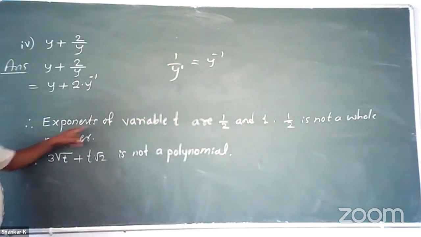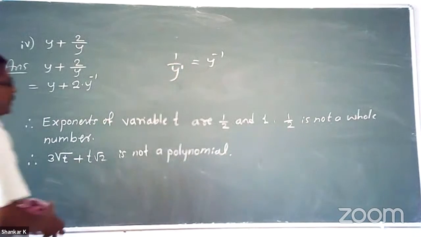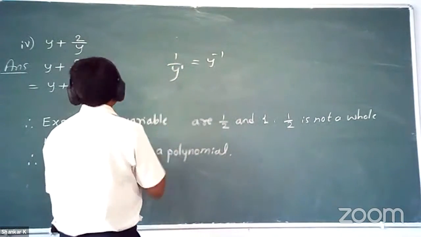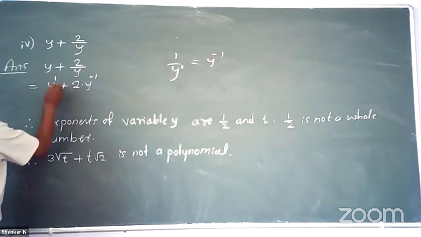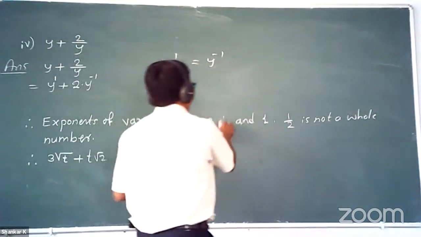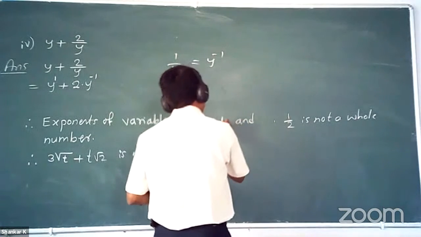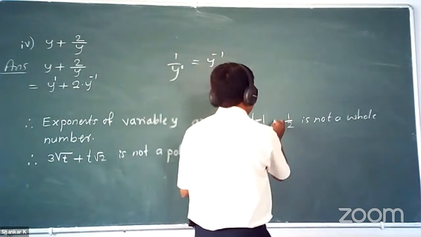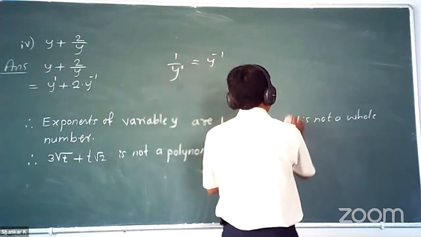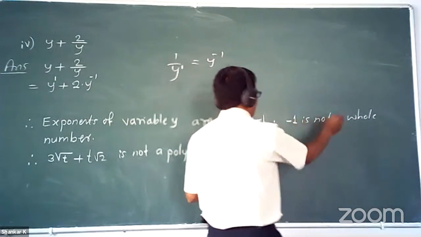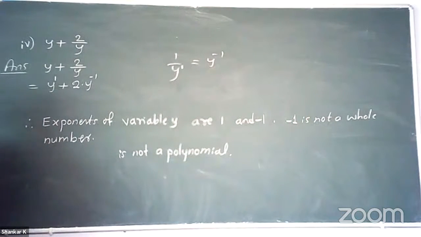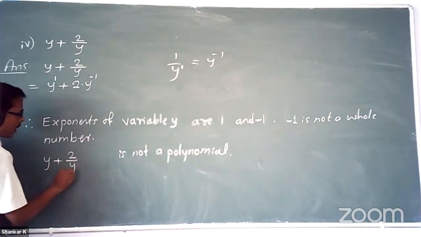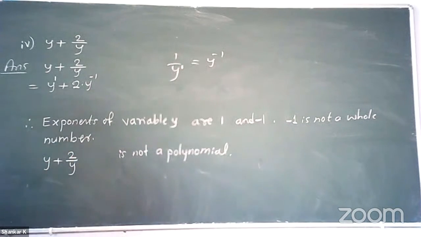Here the exponents of the variable y are 1 and minus 1. Minus 1 is not a whole number. Therefore, y plus 2 divided by y is not a polynomial.